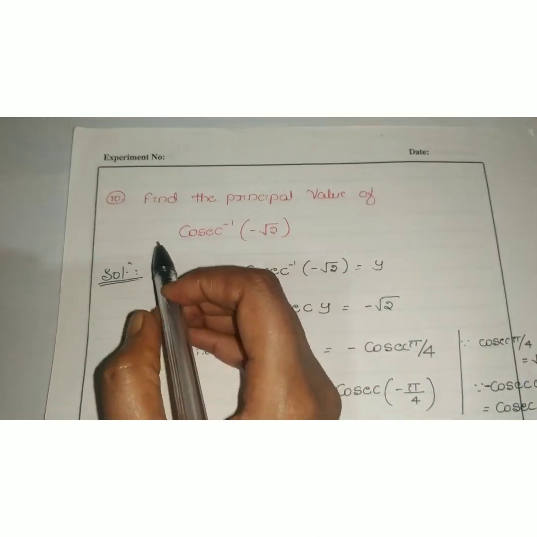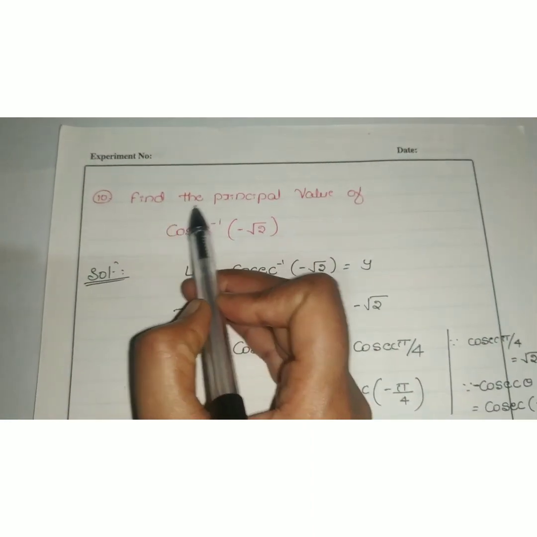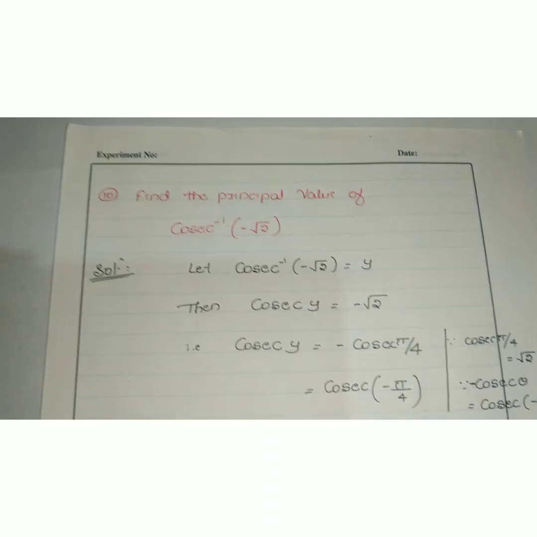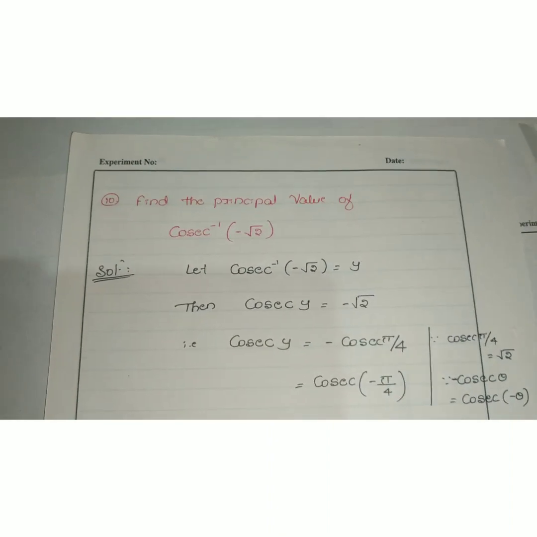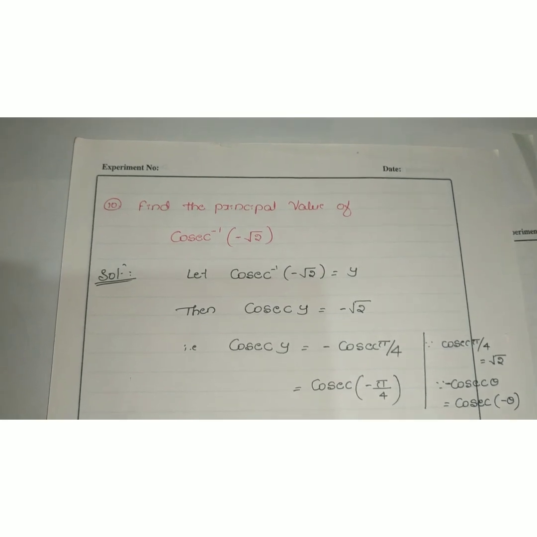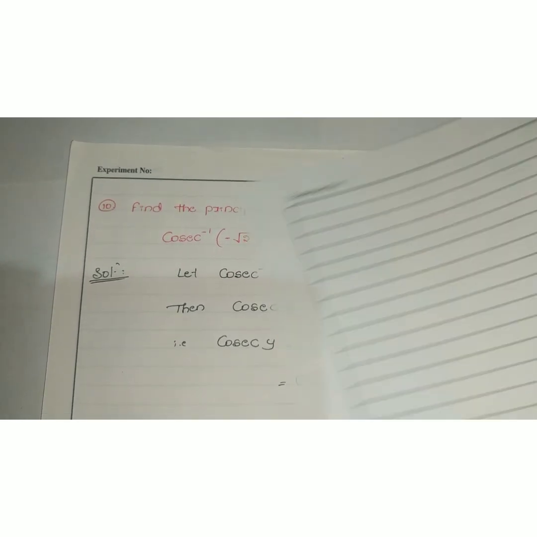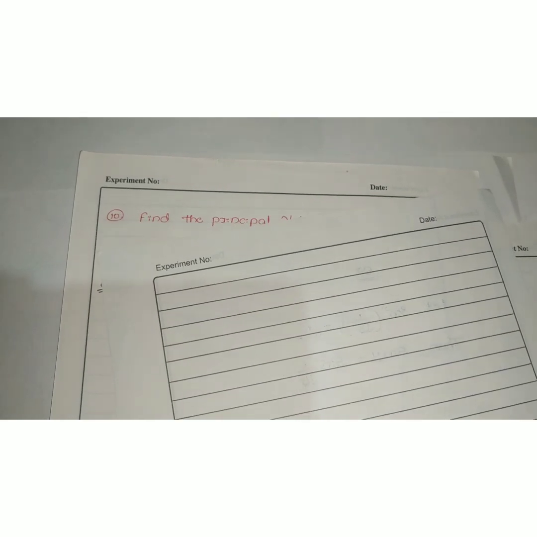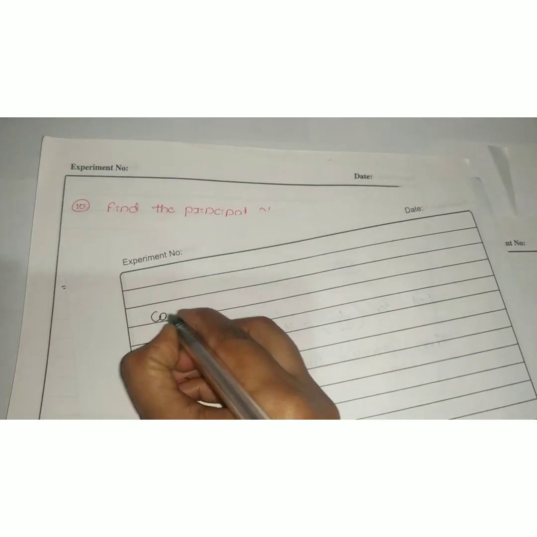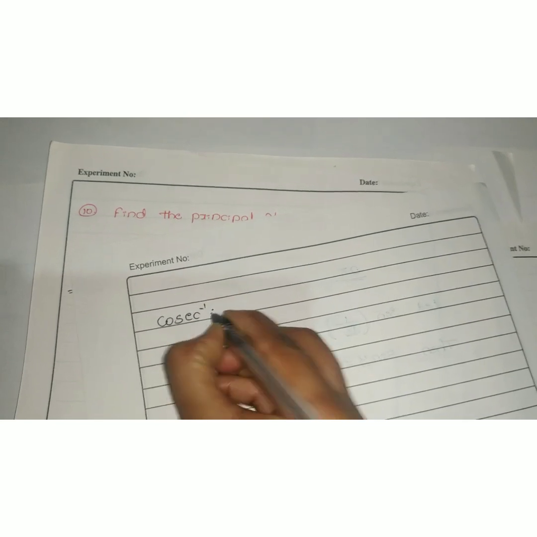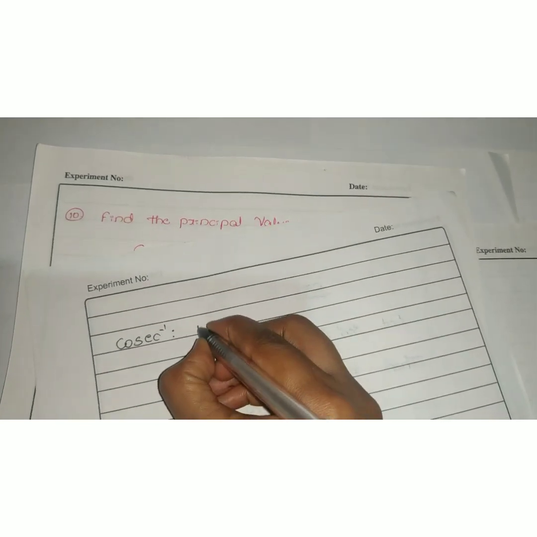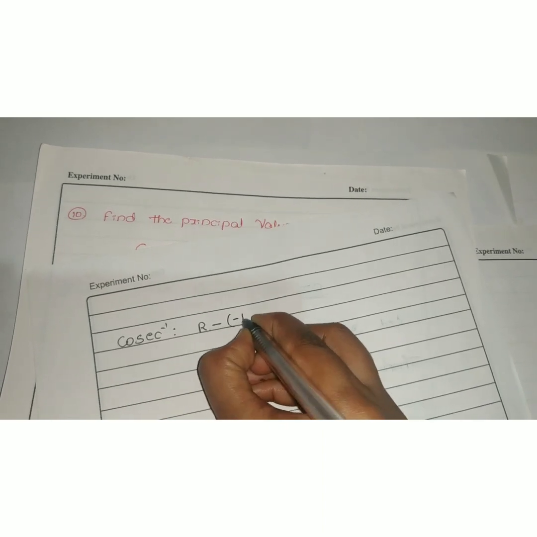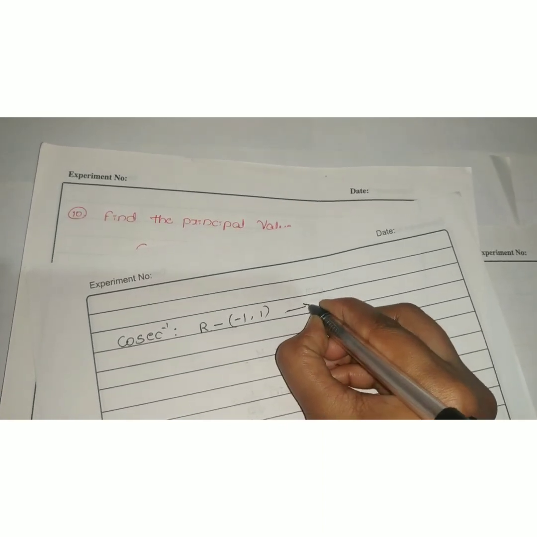And next example, question number 10. Find the principal value of cosec inverse of minus root 2. Find the domain and range of the cosec inverse function. The domain of the cosec inverse function is all real numbers except the open interval minus 1 to 1.